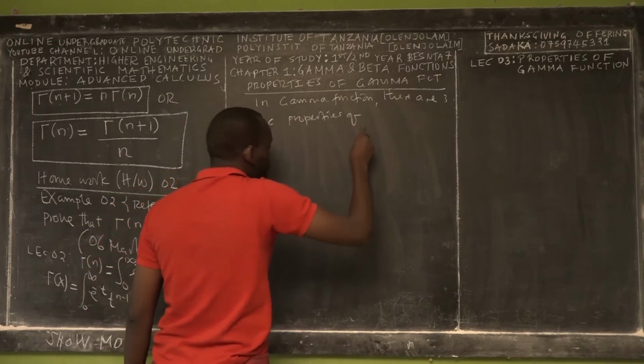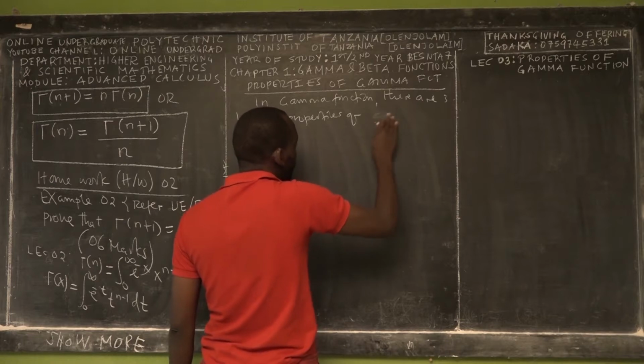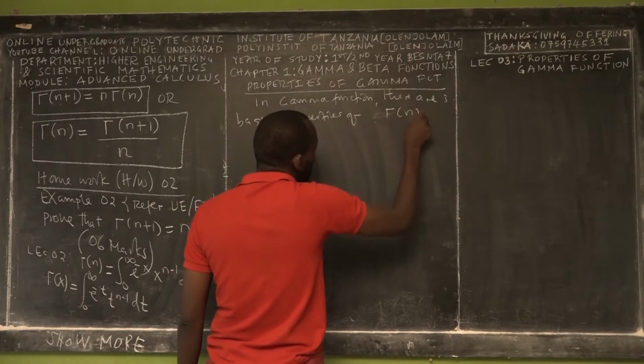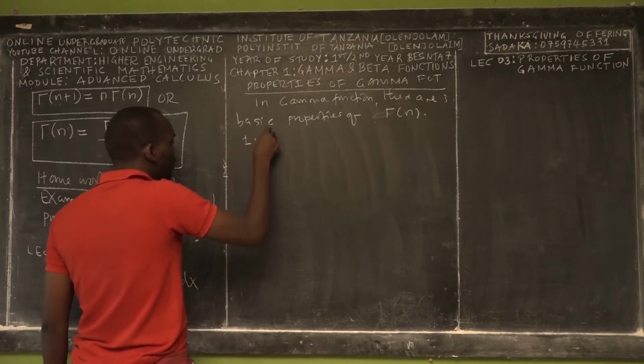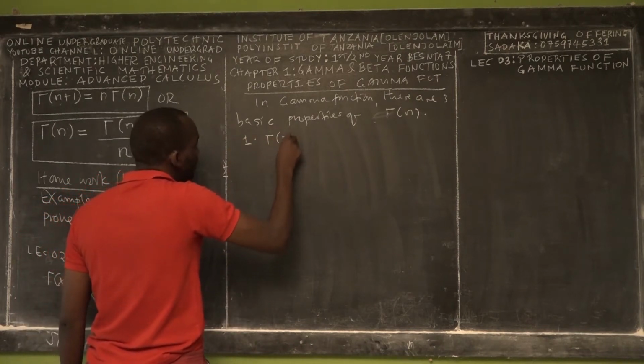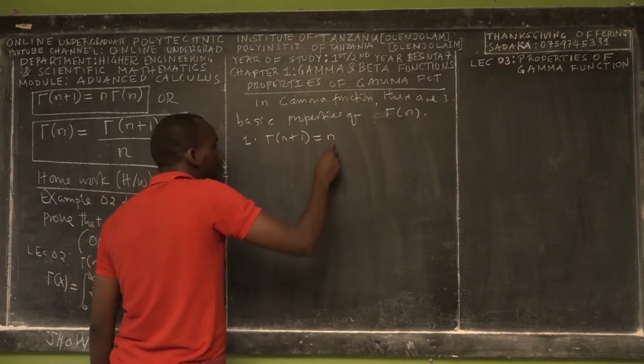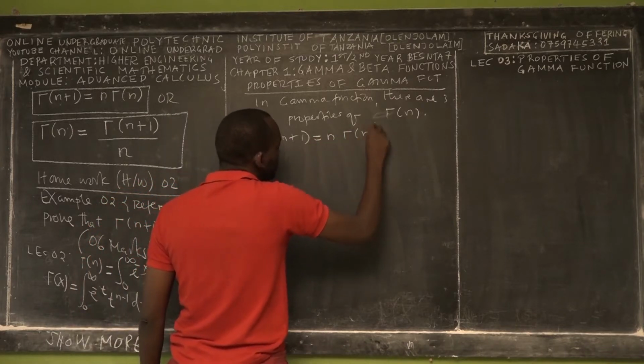We have dealt with the first property, gamma of n plus 1 is equal to n gamma of n.